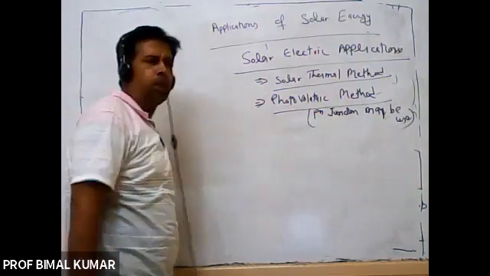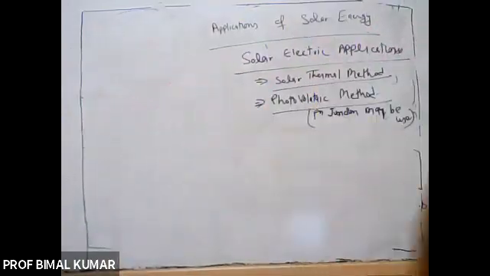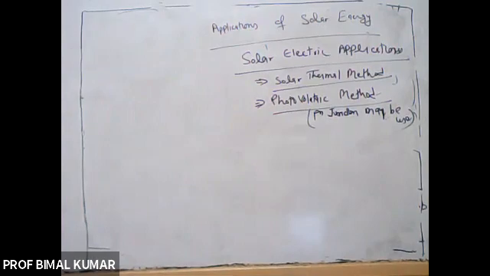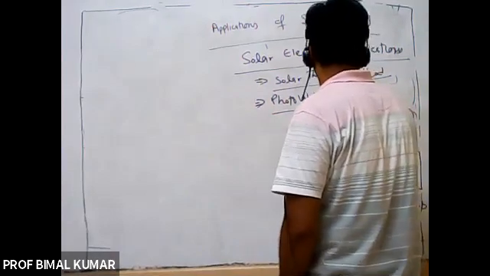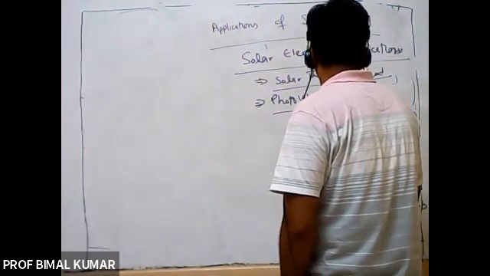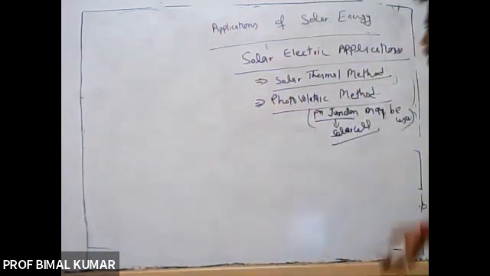These are special types of material whose potential barrier may be broken with the help of solar radiation, right? So this PN junction is known as a solar cell, which may be used to convert solar radiation directly into electrical energy, right?